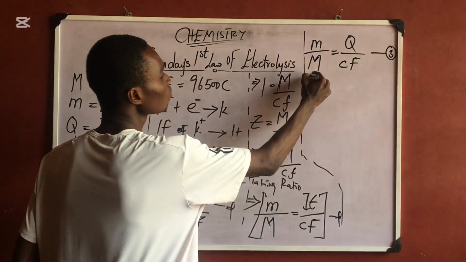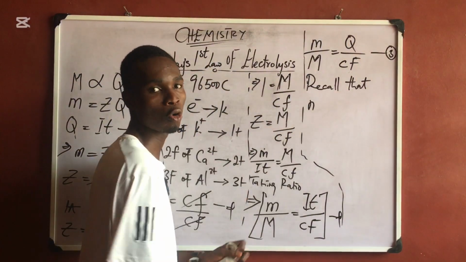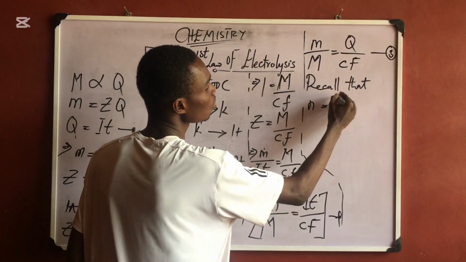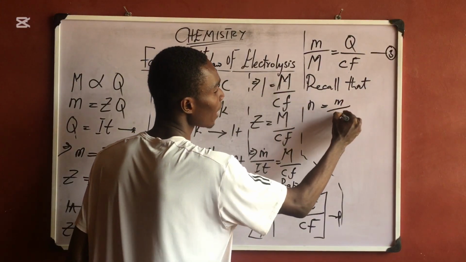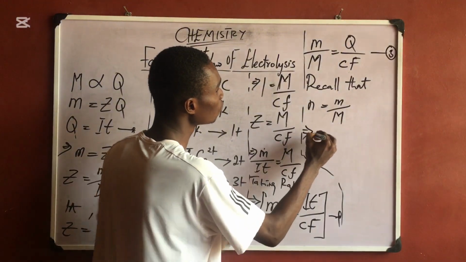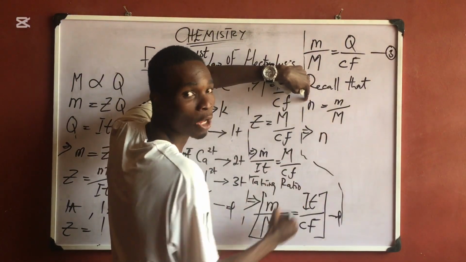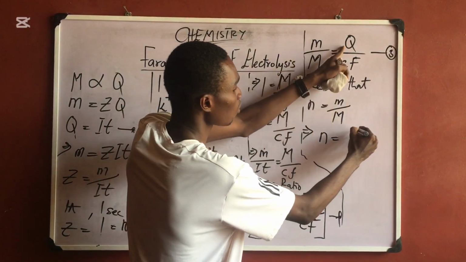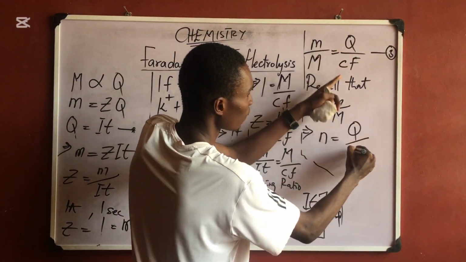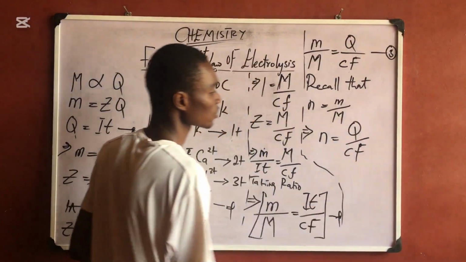Then also, do you recall number of moles is equal to mass over molar mass? Yes. And if this holds, mass over molar mass will now be the number of moles, equal to charge over valence charge times Faraday constant.